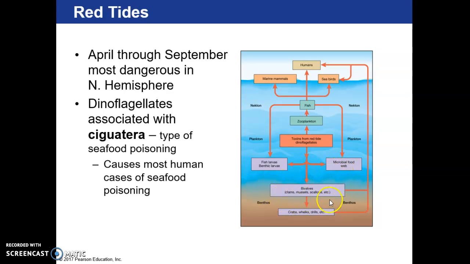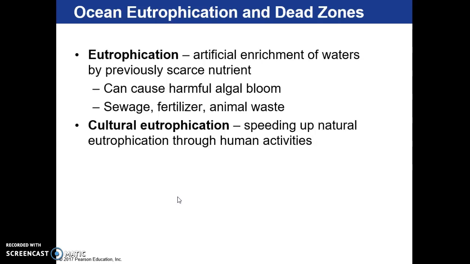That goes down into your clams and scallops and your shellfish, and then your crabs and shrimp and all of that, which also are eaten by humans and seabirds. And so you can see there's lots of different ways to interact with this harmful bacteria or harmful algae.